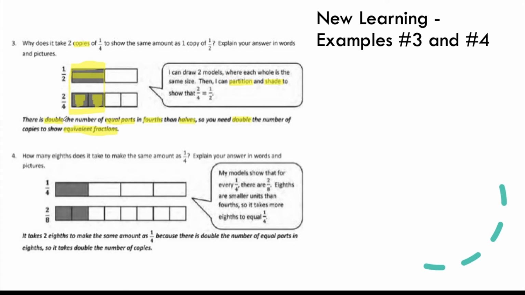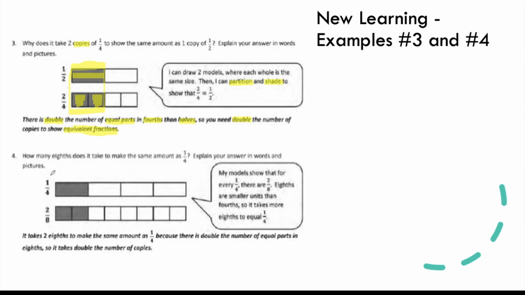And they used this word double. Double means 2 times. So like if you've ever seen anyone doing double Dutch, jump rope, they have 2 ropes. That's why it's double Dutch. So what they're saying is you need 2 times the amount of fourths as halves to make equivalent fractions.